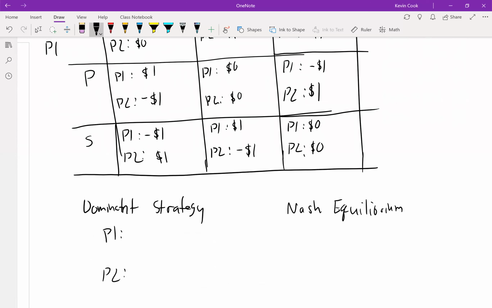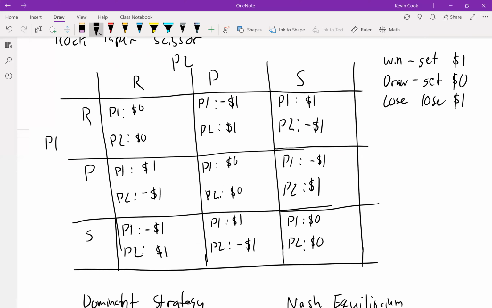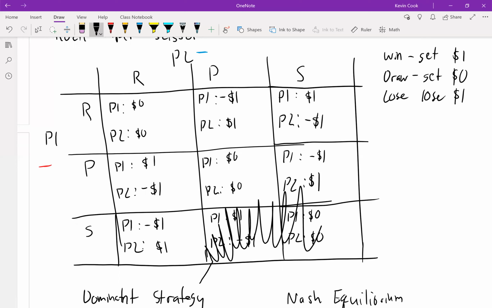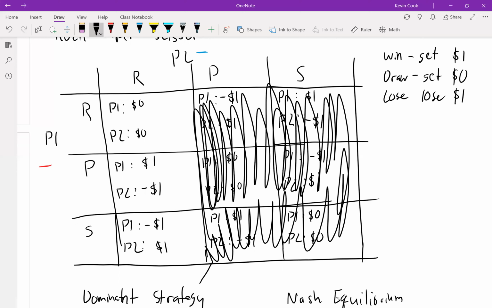So in this game, we all have choices to make. I'll start out as player one, and I'll give player one red and player two blue. If I'm player one, I have to make choices depending on what they're going to do. I'm not going to do this for every single outcome, but if I know that player two is going to pick rock, the only thing I care about is what they do if they pick rock.